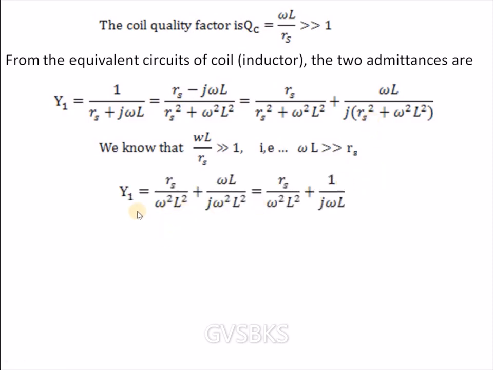Therefore, the equation becomes Y1 equal to RS by omega square L square plus omega L by j omega square L square, by eliminating RS square in the denominator.